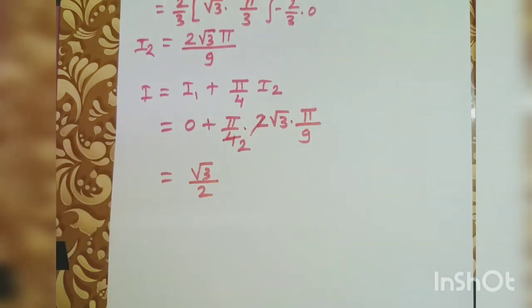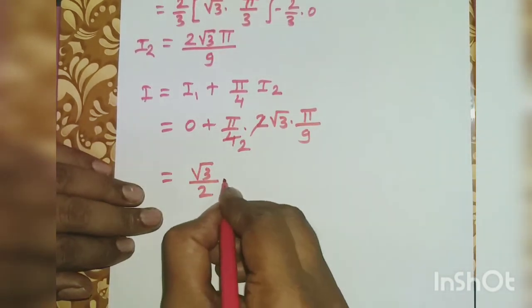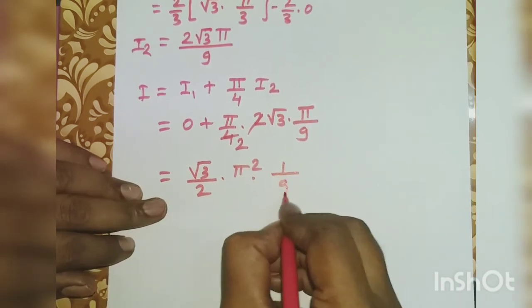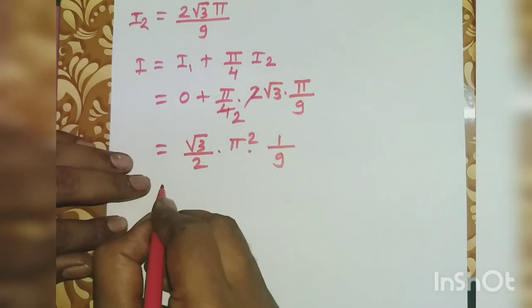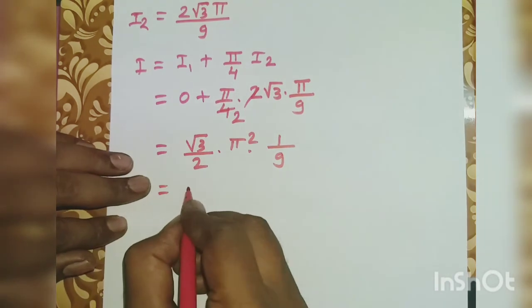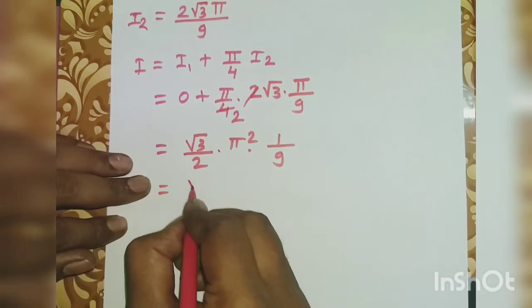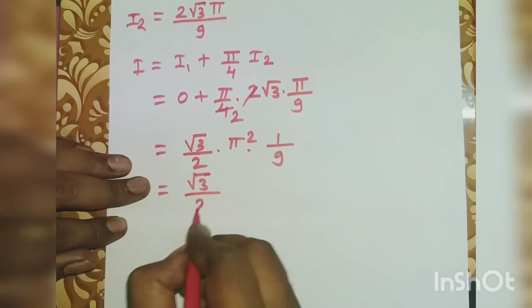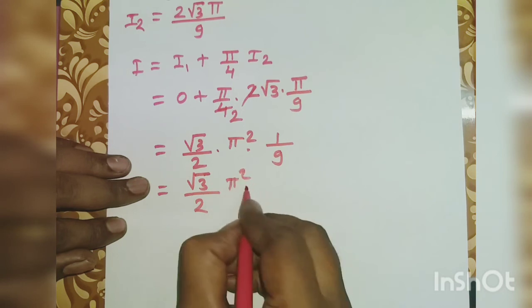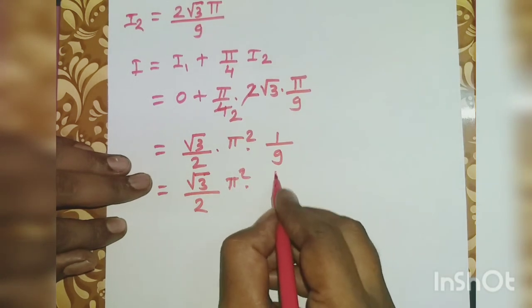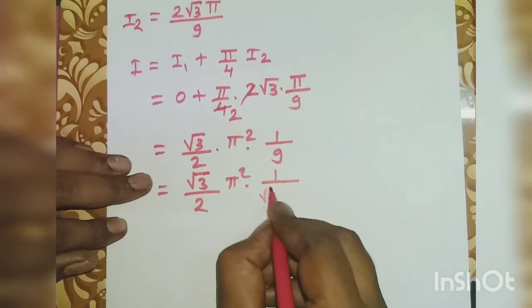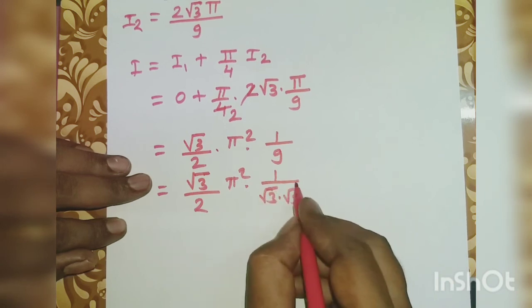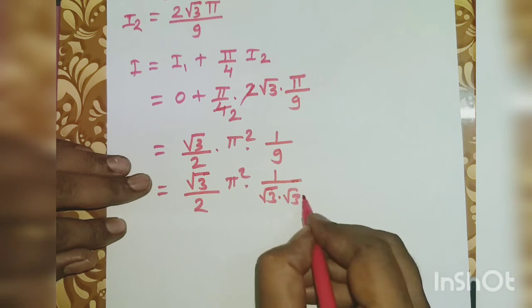Root 3 divided by 2, pi into pi, pi square by 9. Root 3 divided by 2, pi square, root 3 into root 3, 3 into 3.